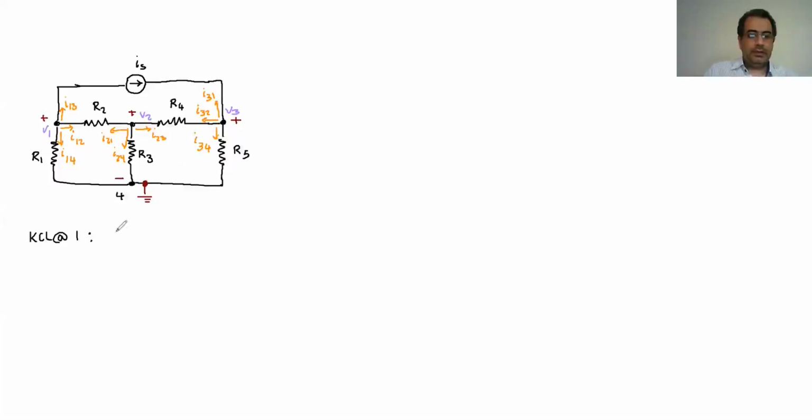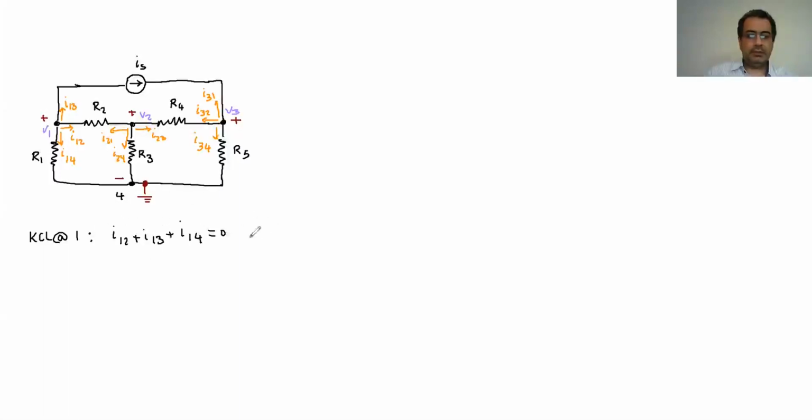It means that all the current going through that node and leaving that node should add up to 0. So it says I12 plus I13 plus I14 is 0. Later on, when we get comfortable, we just skip this step.